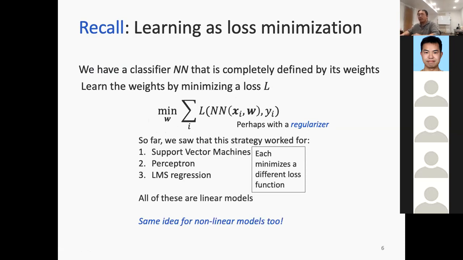You can see this training strategy is the same as that for other simpler classifiers like SVM, perceptron, the mean square method. Those methods are all linear models, but we can apply the same kind of approach for nonlinear methods.